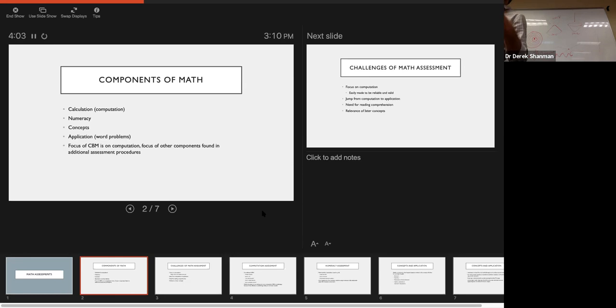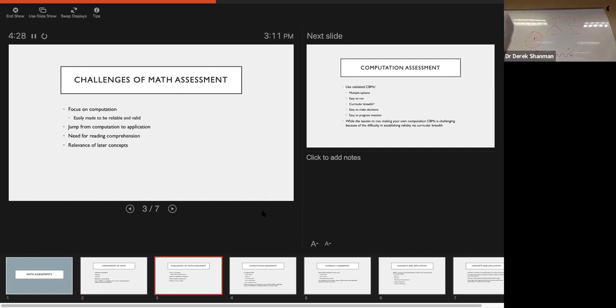So when we look at math assessment, what we're going to be starting with are CBMs. And then everything else will either be teacher-made assessments, curriculum-based assessments, so those assessments that come directly from the curriculum, or any other means that we have of assessing.